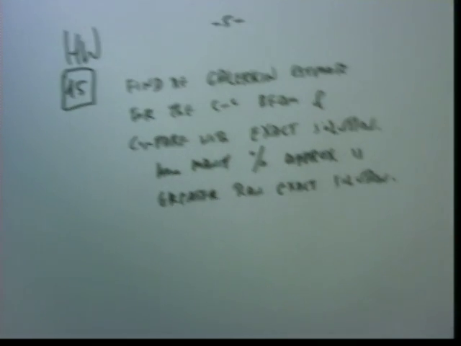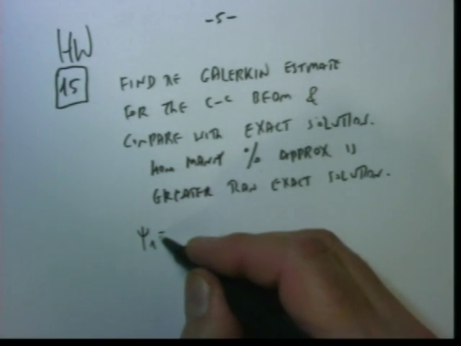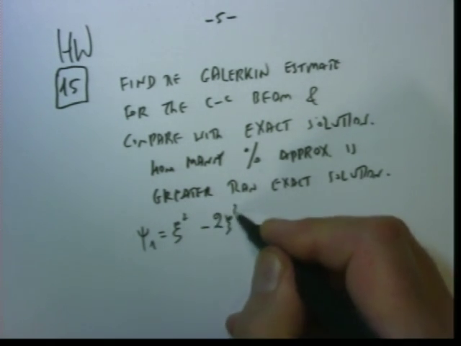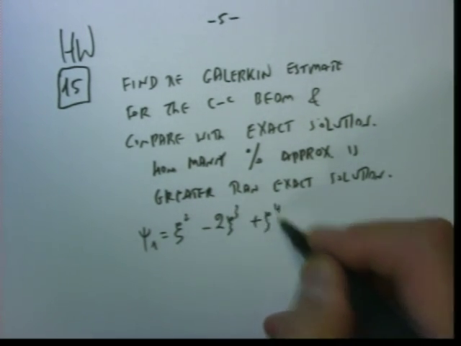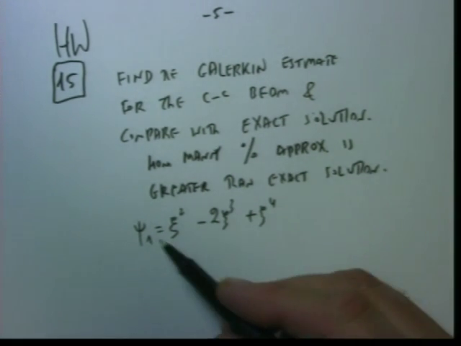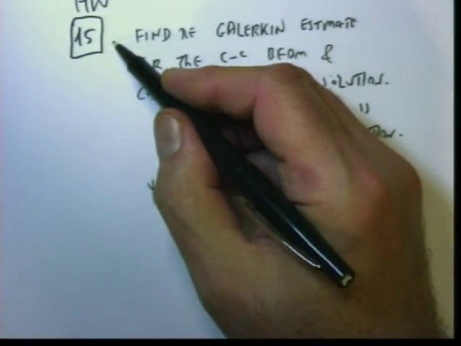So that is 15. We already have this psi1. Psi1, I think, is psi squared minus 2 psi cubed plus psi in 4th power. You had this as a homework already for psi1. That is 15a.